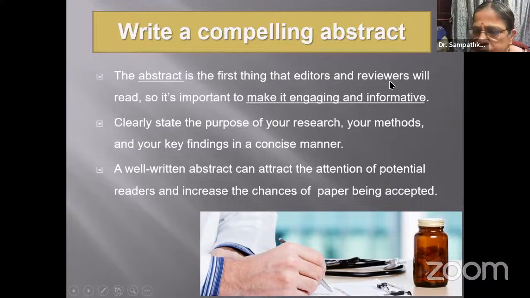Whenever you submit, most of the time the reviewers, even the readers, will first see the abstract only. If your abstract is very attractive, they will go and read the full content. If the abstract itself is not good, they may not read the article. So always be clear when you write the abstract. That is very, very important.